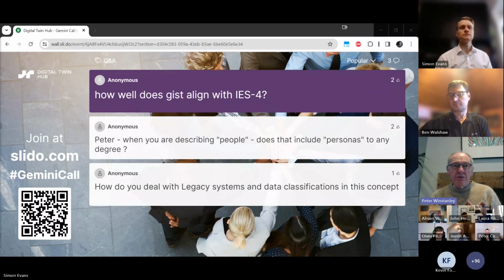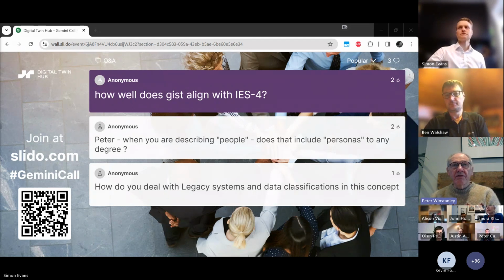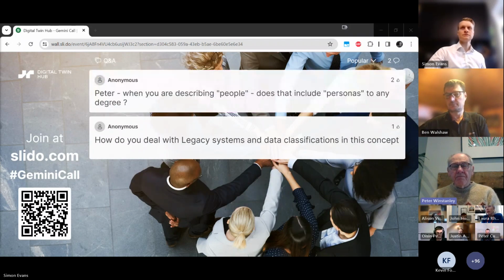It saves us not only an awful lot of time, but it also makes data management easier for things like personally identifiable information. I'm not certain about how well GIST aligns with IES4, but when we look at GIST in comparison with other core ontologies, we find that there are generally no problems with getting a good mapping.